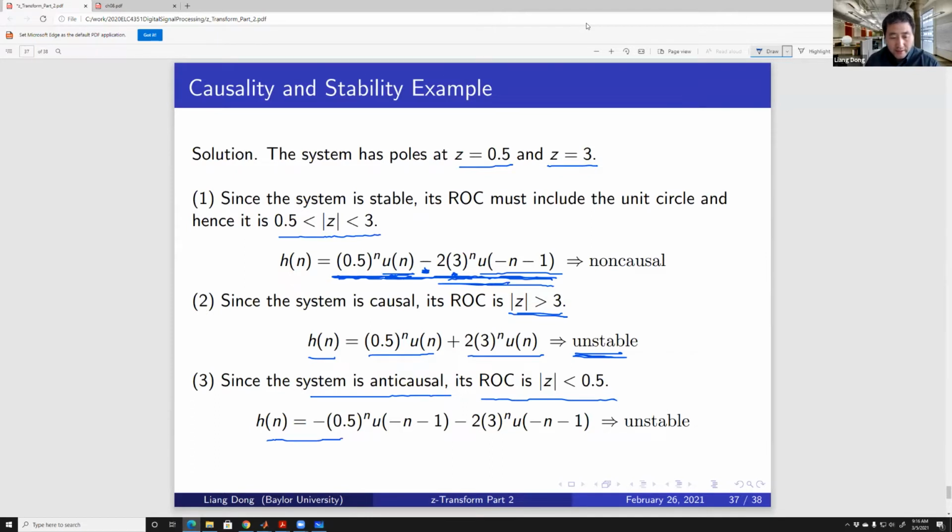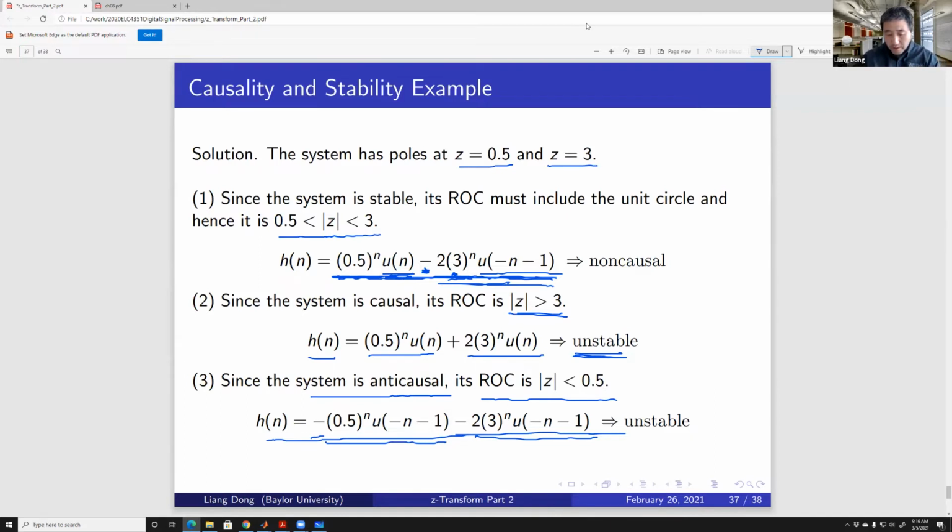And h[n] can be written as this. Well, those two parts are anti-causal. So we have this step function here, u[-n-1]. We got negative sign here, negative sign here. Okay. And the entire thing is unstable because, again, the unit circle is not in the region of convergence. Okay. So that's the solution for this problem.